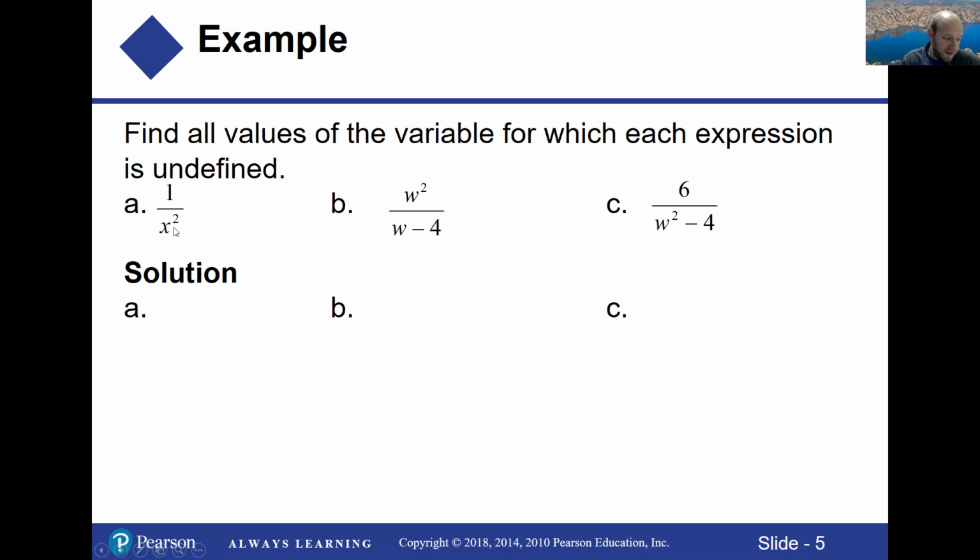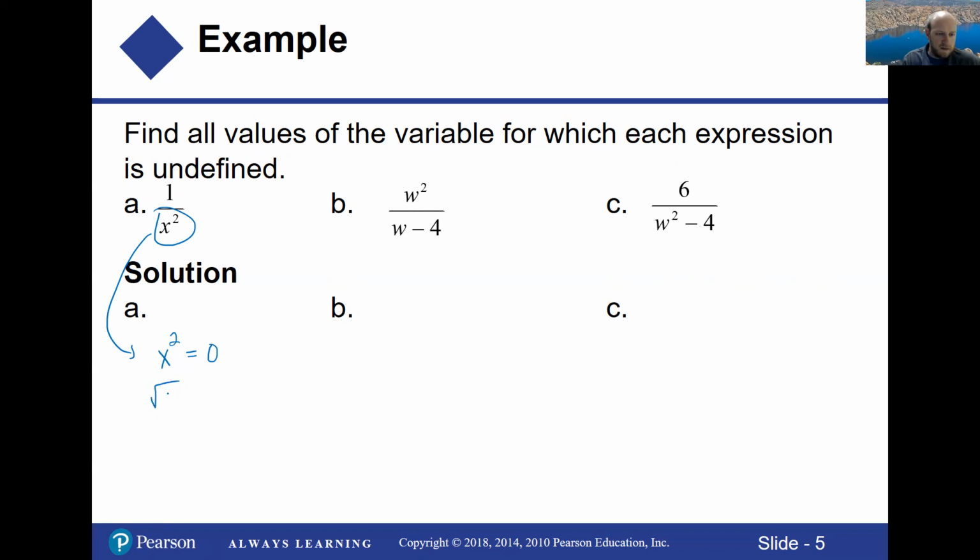And if you want to figure that out mathematically, what we do is we take the denominator. So we take this guy, and I'll just move it down here. And we take the denominator and we set it equal to 0, because that's going to tell me what values make that denominator equal to 0, right? And in something like this, if we're actually solving this, we're going to square root both sides.